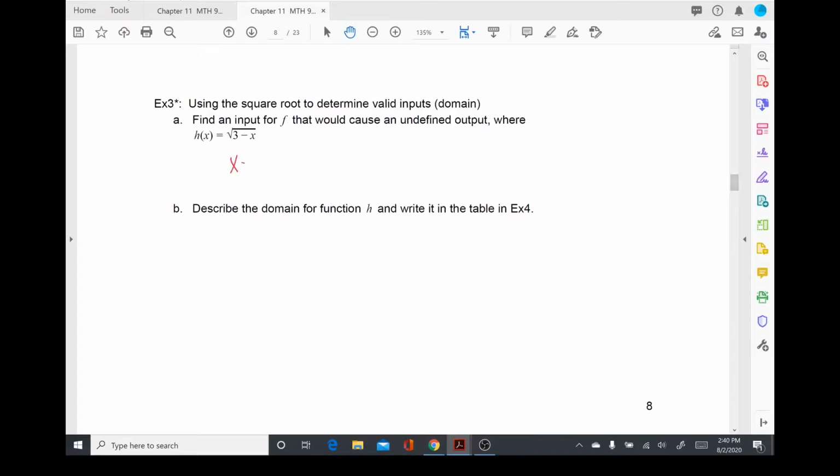Let x equal, what if we let it equal 5? If x equaled 5, we would have h of -5 would equal the square root of 3 minus 5. H of negative 5 equals the square root of negative 2. Yuck. All right, so this is undefined.